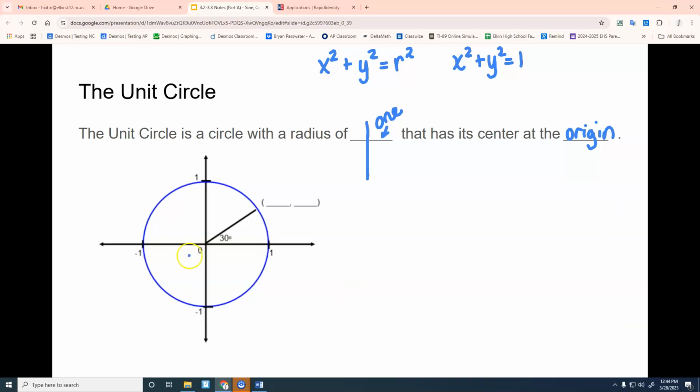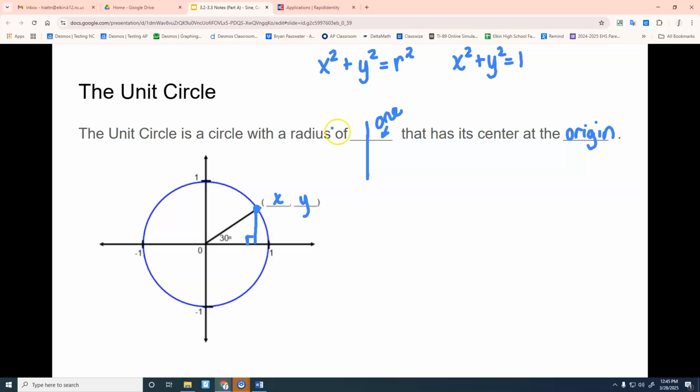So, if I have this angle right here drawn in, and that angle intersects this circle right here, for right now, I'm just going to say that that point has coordinates x and y. Okay, and then I'm going to make a right triangle right here just by dropping that perpendicular line down to the x-axis. So that would make this a right triangle.